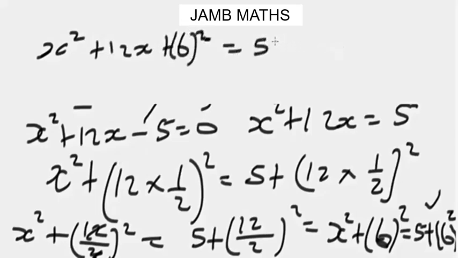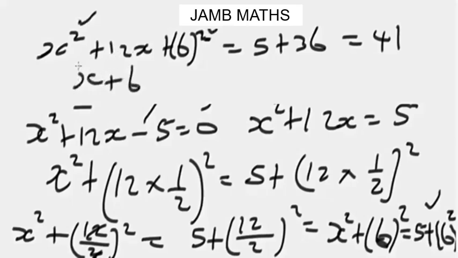Now 6 squared is 36, so 5 plus 36 will give us 41. Now the left side is a perfect square, so the completing the square method now gives us (x plus 6) squared equals 41. At this time, you don't need the 12x again.